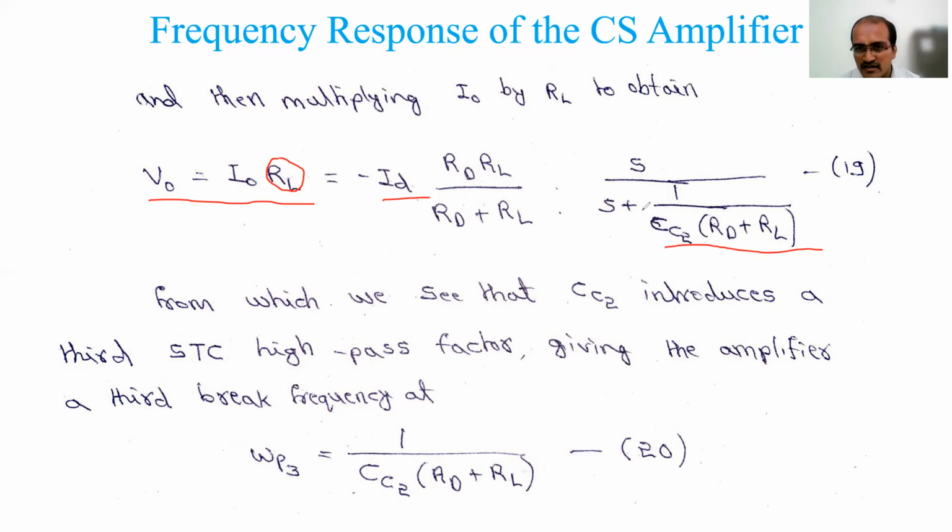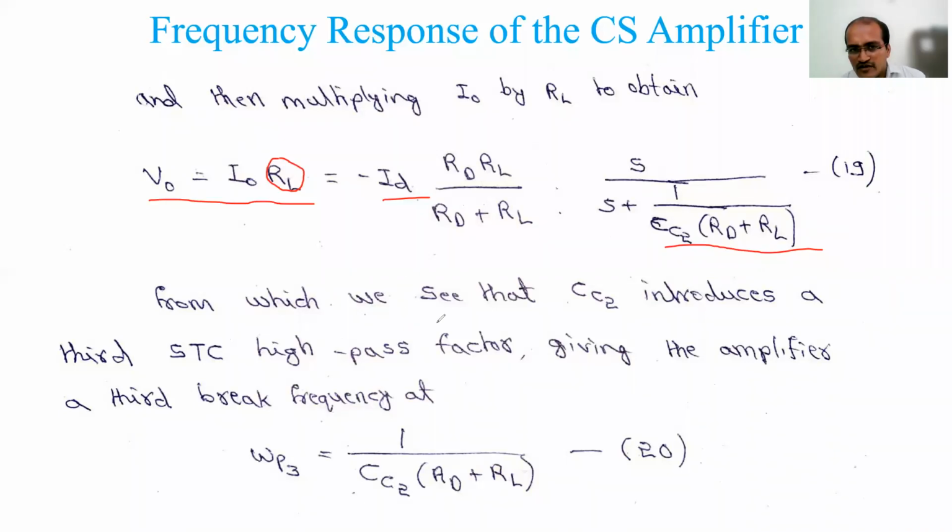So this equation is the same as the first equation, the equation 15 I have written now. The same way it is coming. There it was Rg plus R signal and Cc1. Now it is Cc2 into Rd plus Rl. So I hope you got these three sets of equations which will tell you the frequency response.